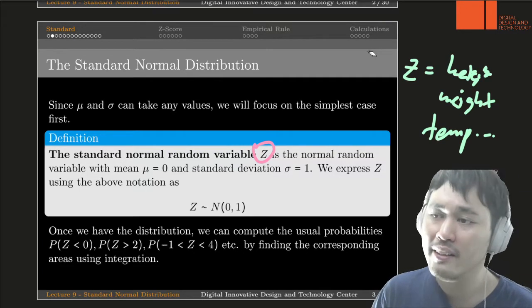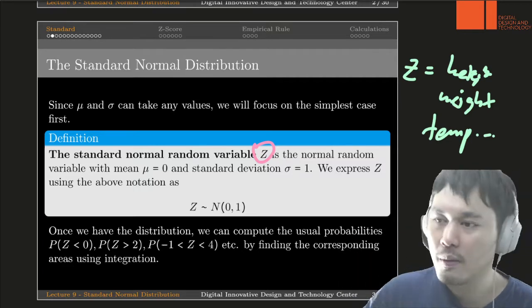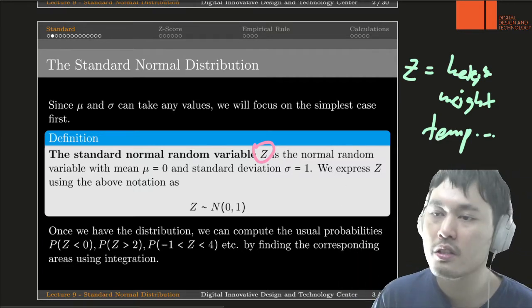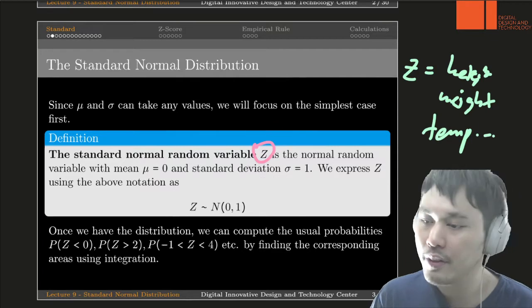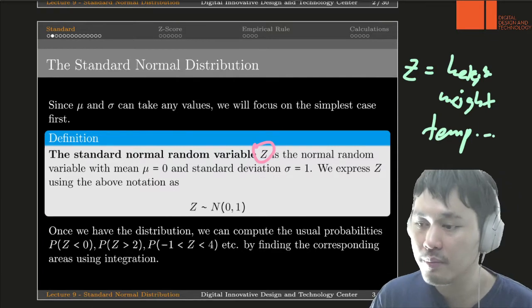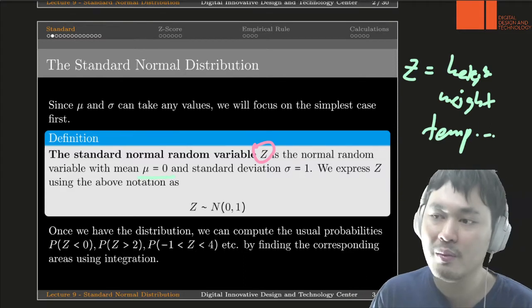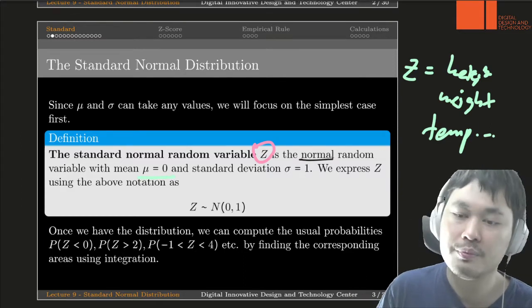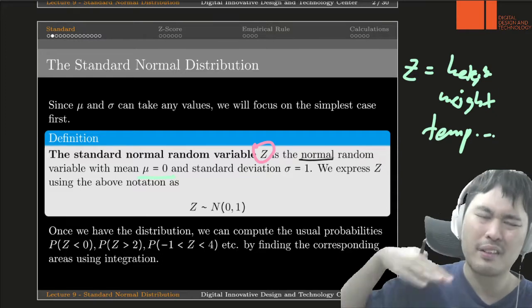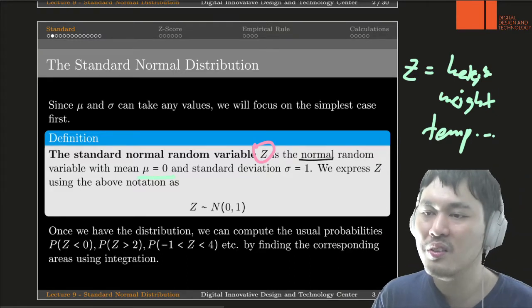Once we define that and plot the nice continuous probability distribution function, we get the graph here, and this graph has 3 properties. First, it is normal. We define normal as the weird function, which you don't have to worry about.